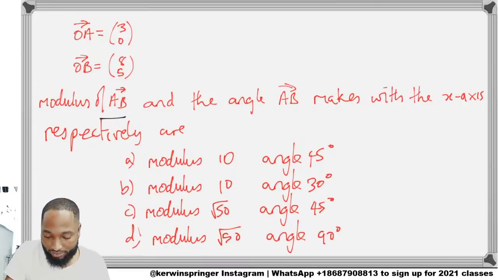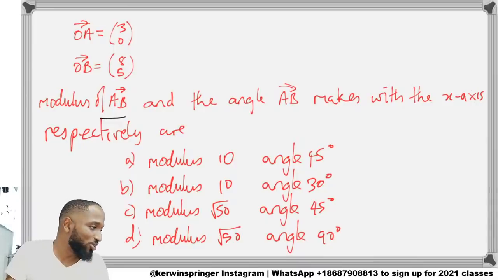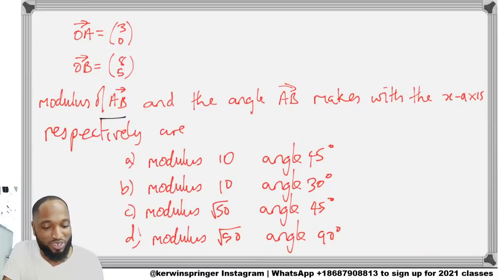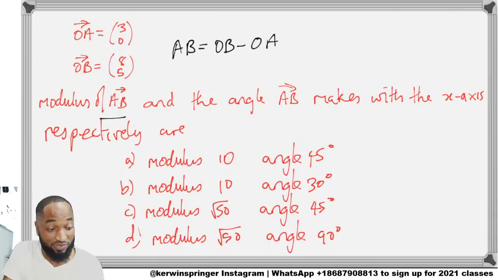So this is the modulus. The modulus of AB. So AB, remember, AB is equal to OB minus OA. So you can find out what AB is. Would this question come from CSEC?